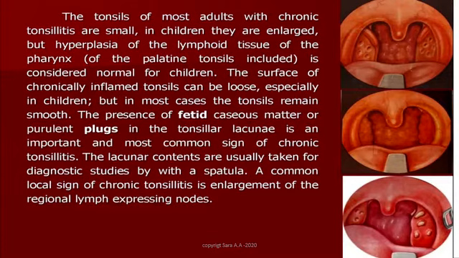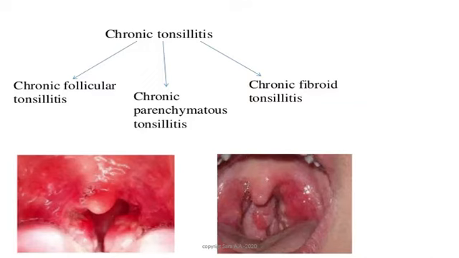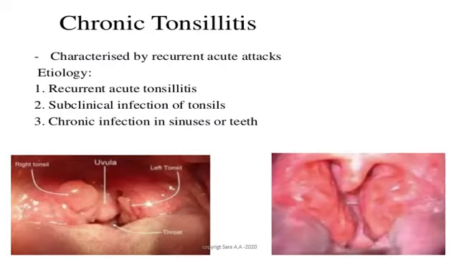A common local sign of chronic tonsillitis is the enlargement of the regional lymph nodes. In the international classification, it is divided into chronic follicular tonsillitis, chronic parenchymatous, and chronic fibroid tonsillitis. It's characterized by recurrent acute attacks, and the etiology is related to recurrent acute tonsillitis. It's the subclinical infection of tonsils and chronic infection in sinuses or teeth.